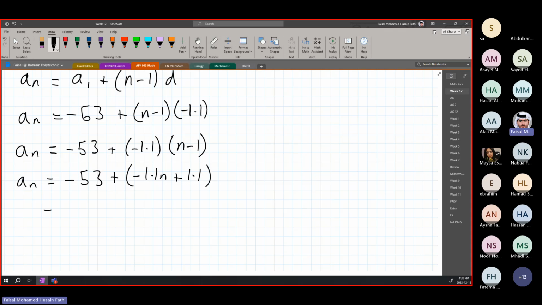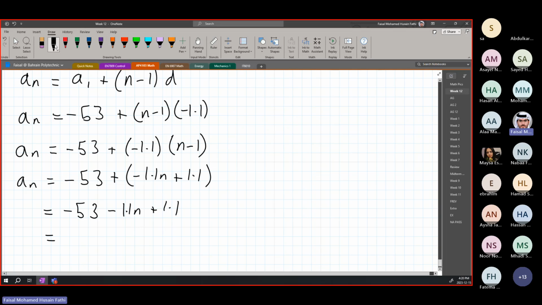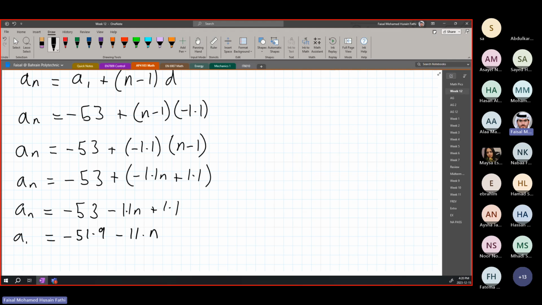This is equal to minus 53 minus 1.1N plus 1.1. Minus 53 plus 1.1 is equal to minus 51.9 minus 1.1N. And this is our AN equation.